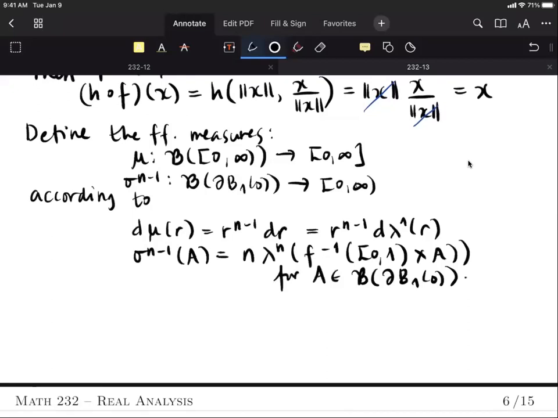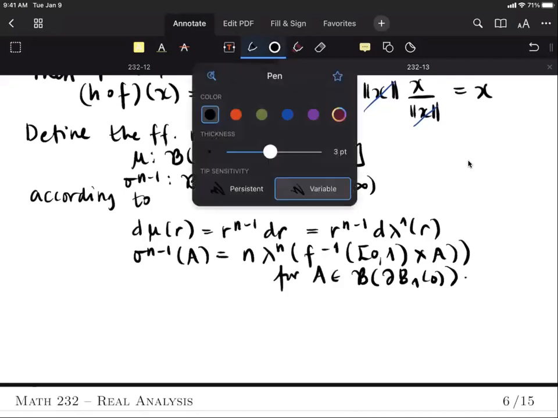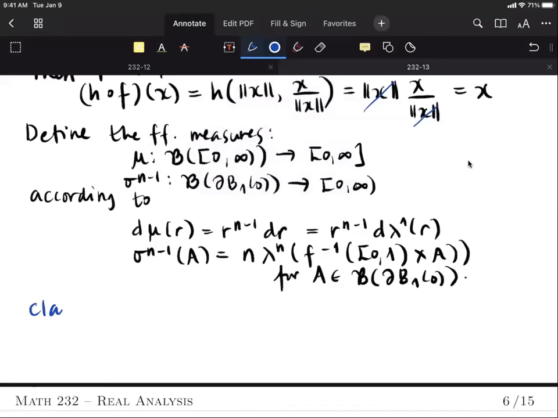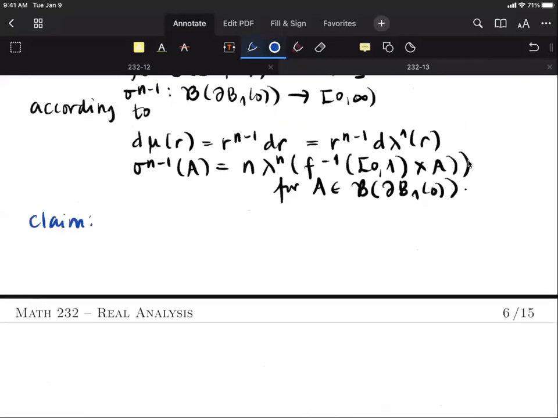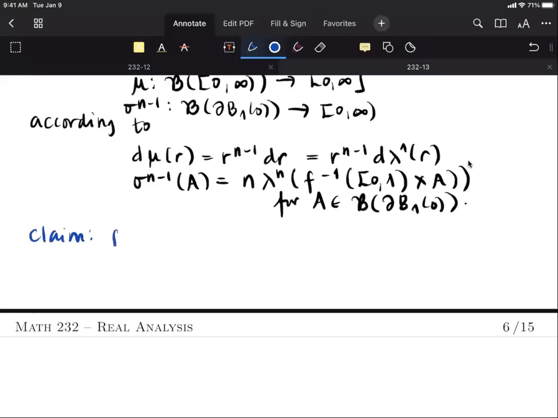We claim that with the f introduced above, namely this map, the associated image measure with respect to the n-dimensional Lebesgue measure is the same as the product measure of mu and sigma n minus 1.